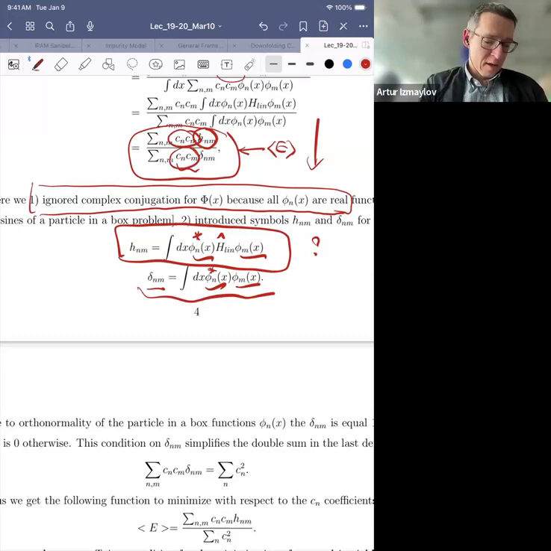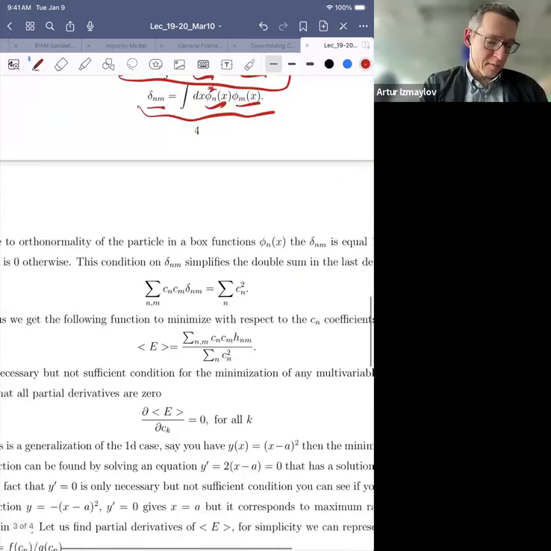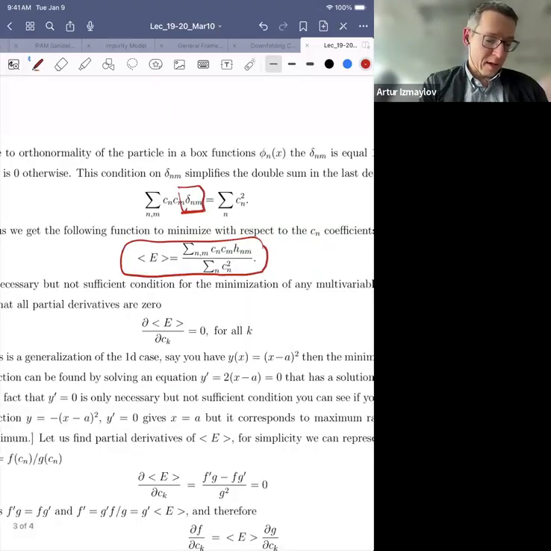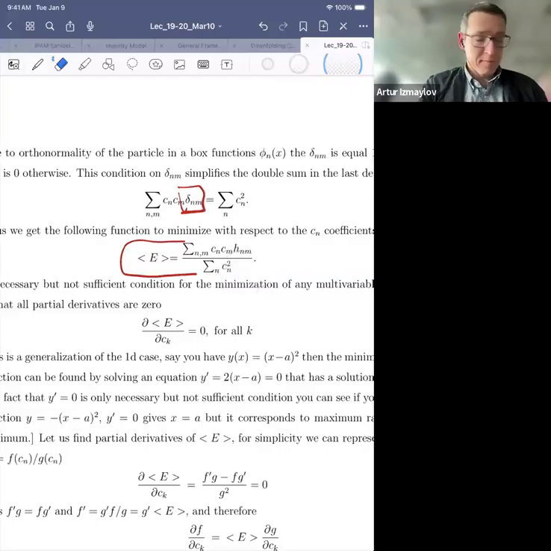Okay, and so because of the Kronecker delta symbols here, the expression could be written like this. So we have coefficients and a matrix, and this H and M are really constants here.